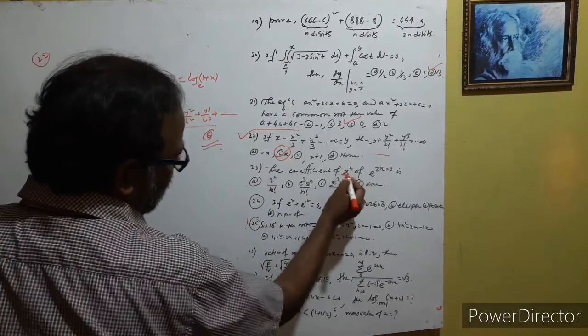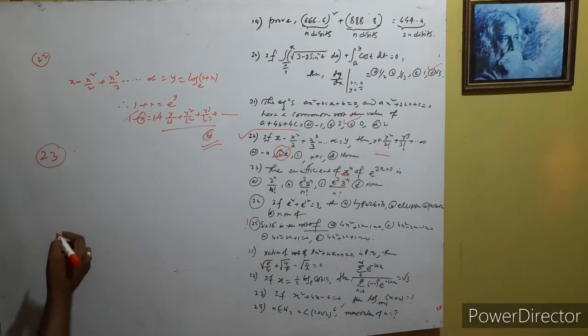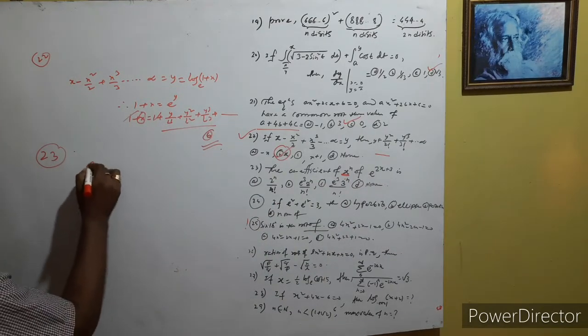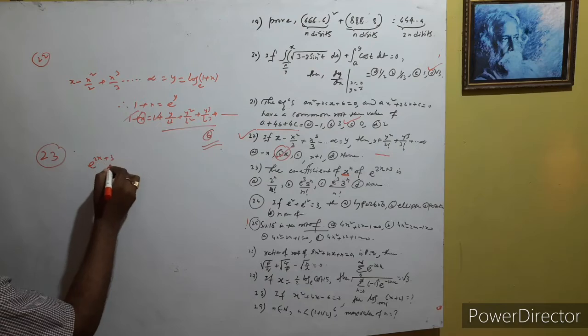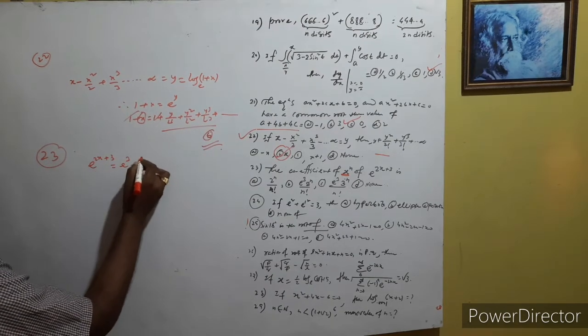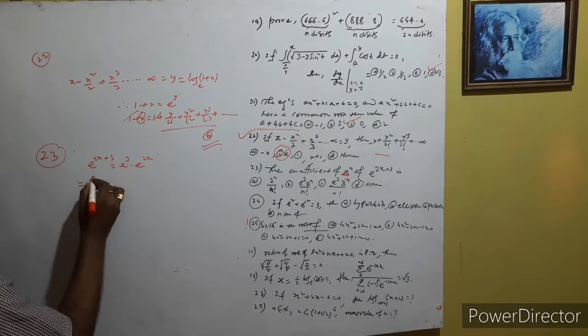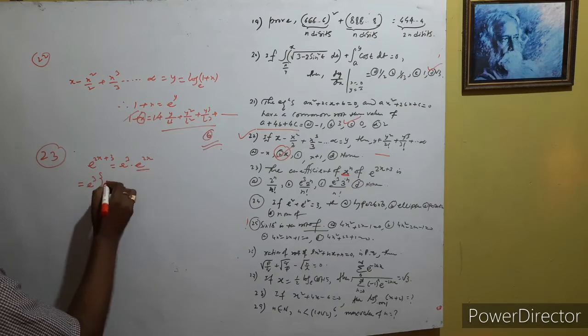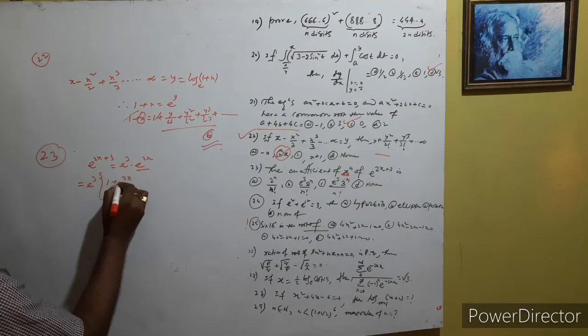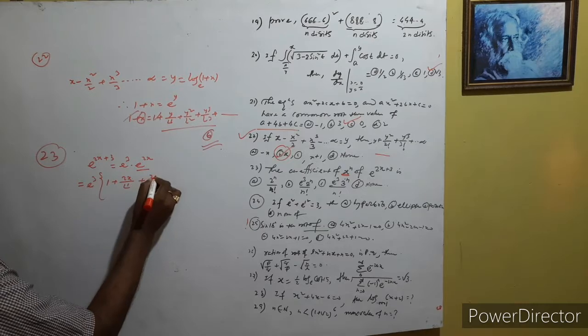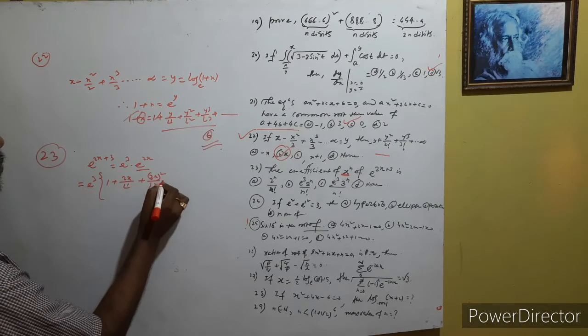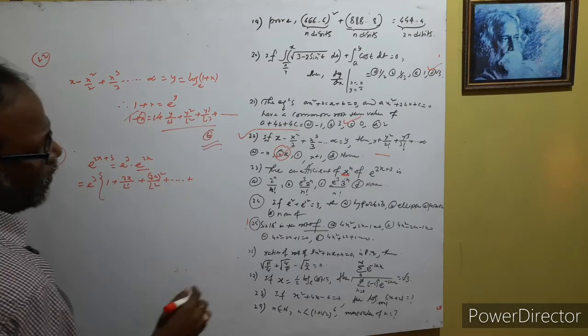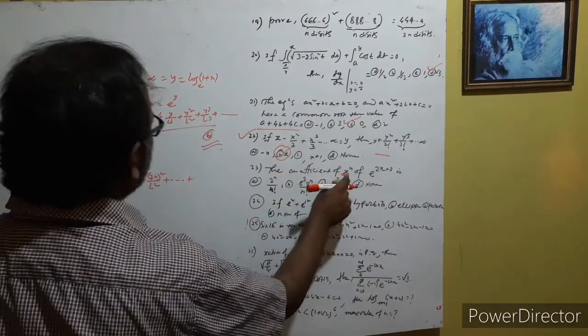Now 23rd. Coefficient of x to the power n: we have to find it in e to the power 2x plus 3. So e to the power 3 into e to the power 2x. So that is e to the power 3 into 1 plus 2x by factorial 1 plus 2x whole square by factorial 2, like that. We have to find the coefficient of x to the power n.